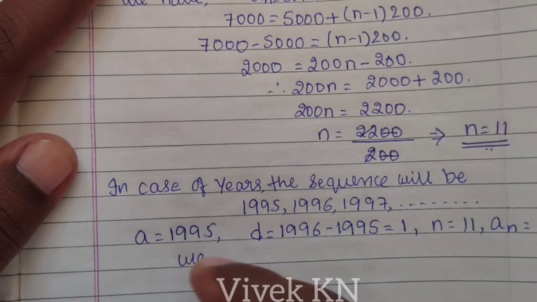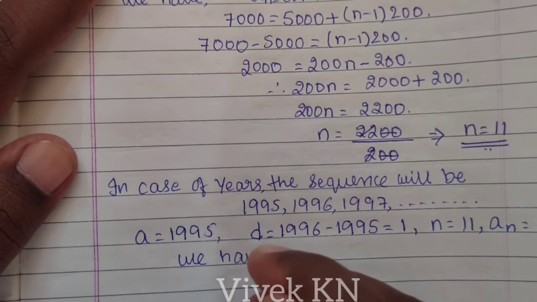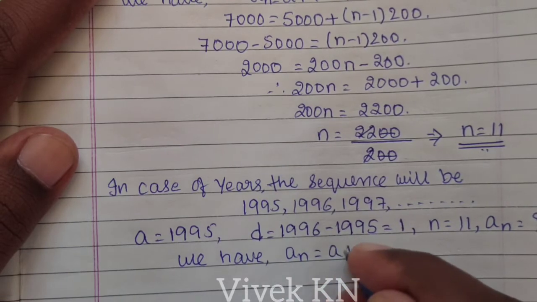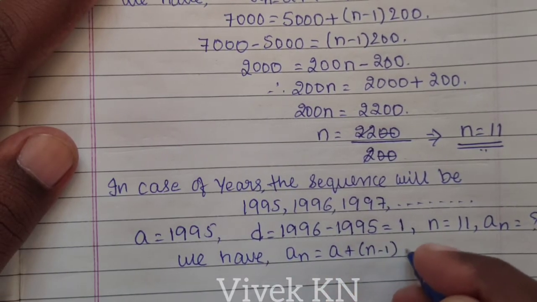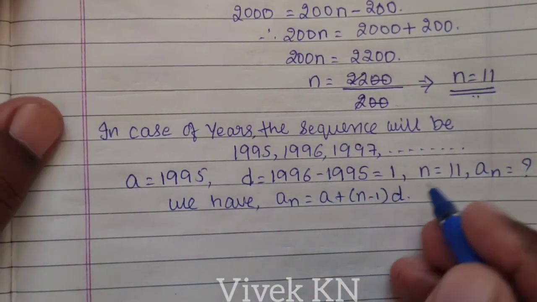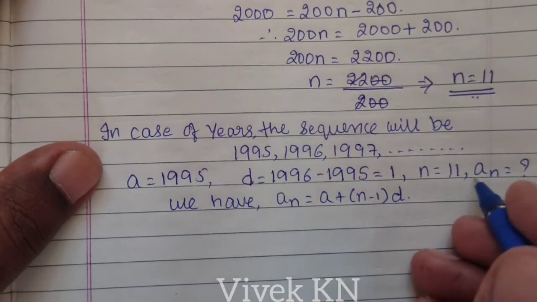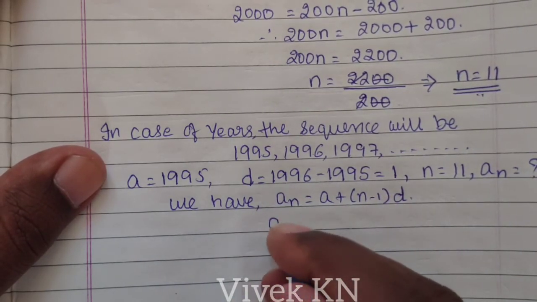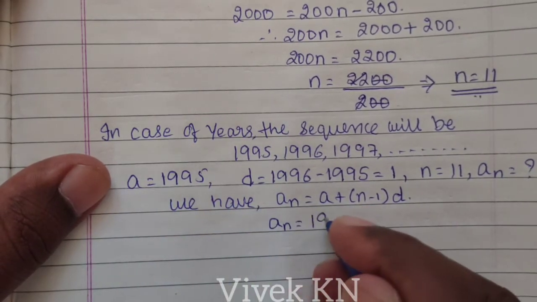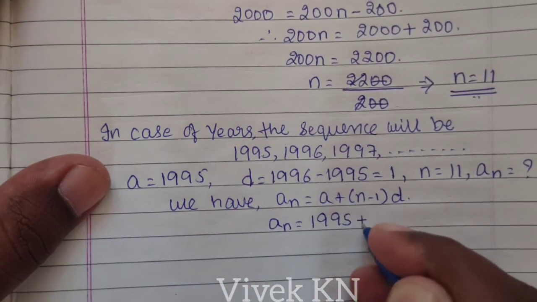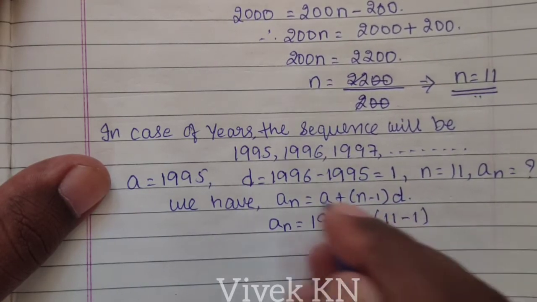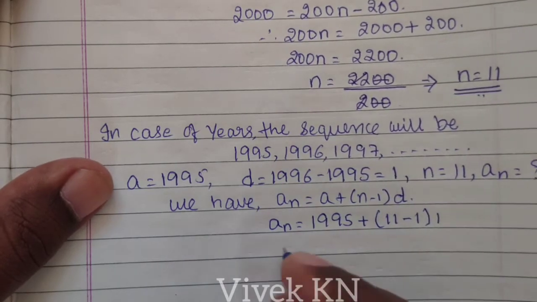We have an is equal to a plus n minus 1 into d. Let us substitute these values. The value of an will be unknown. So an is equal to 1995 plus the value of n, 11, minus 1 into the value of d, 1.